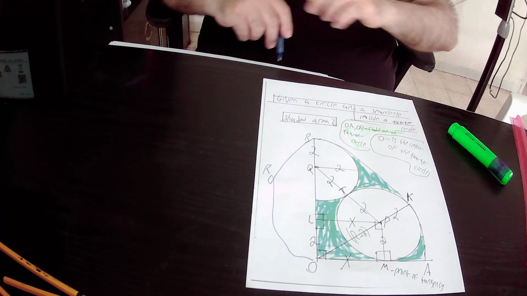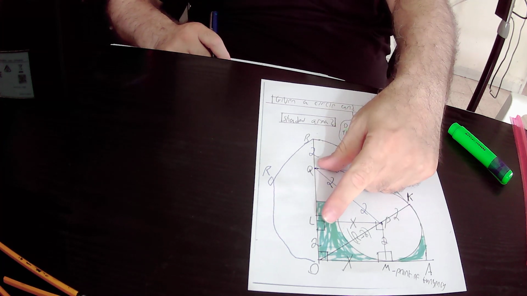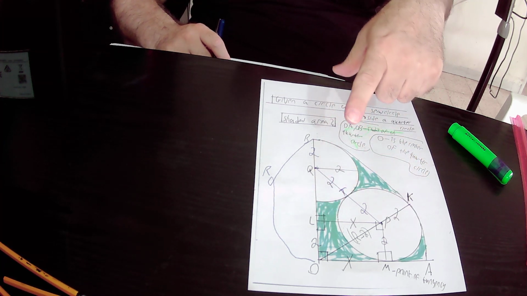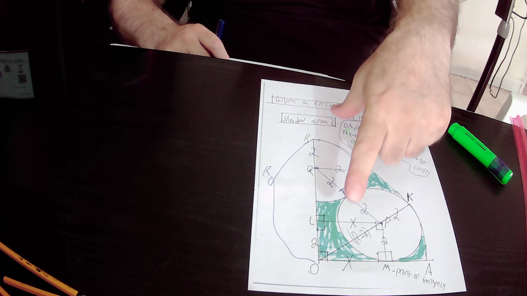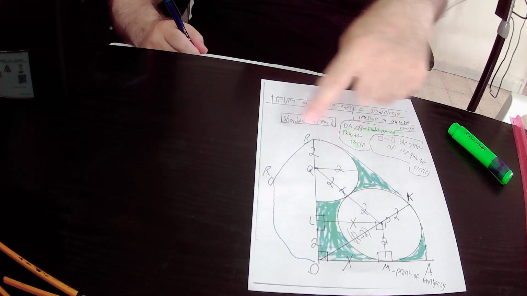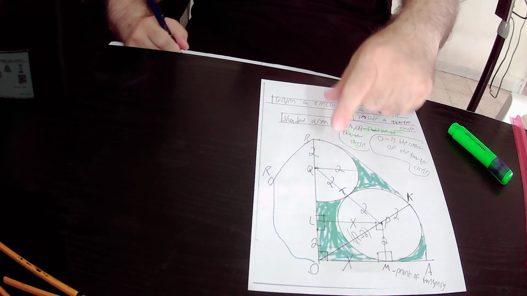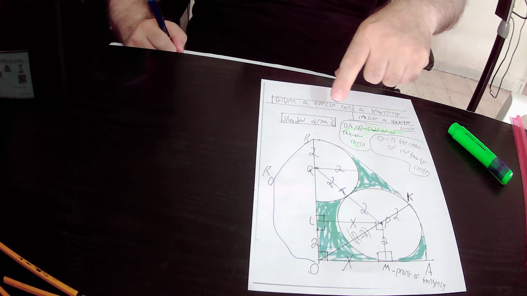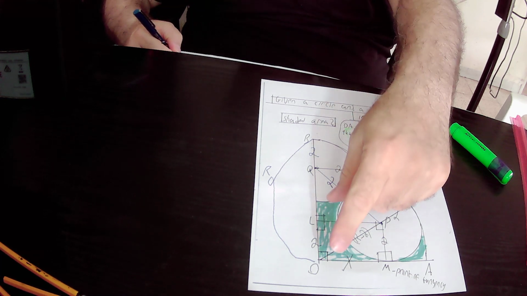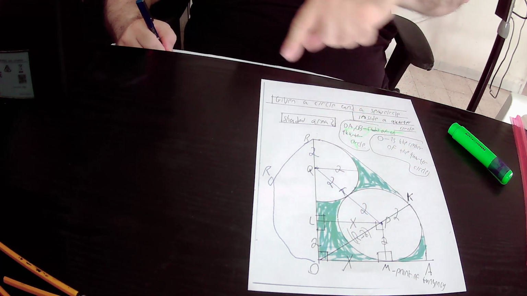From the drawing, it is very easy to see that the length of line segment QL equals BO, that is the radius of the quarter circle, minus BQ, that is the radius of the semicircle, minus LO, that is equal to 2 units.